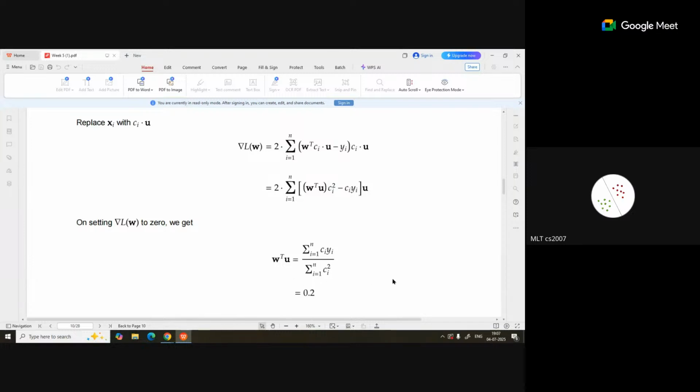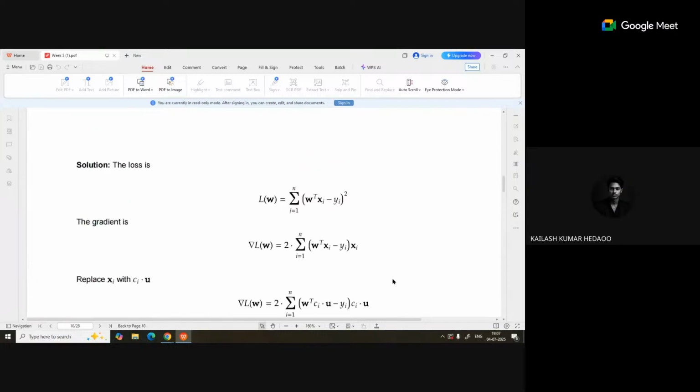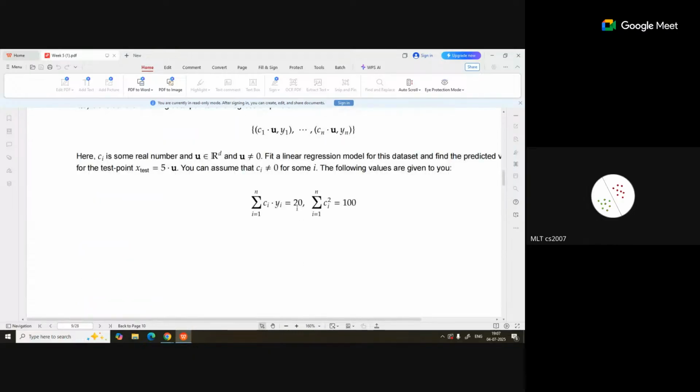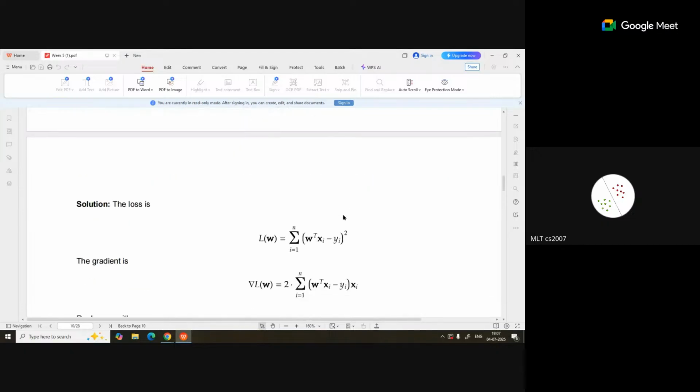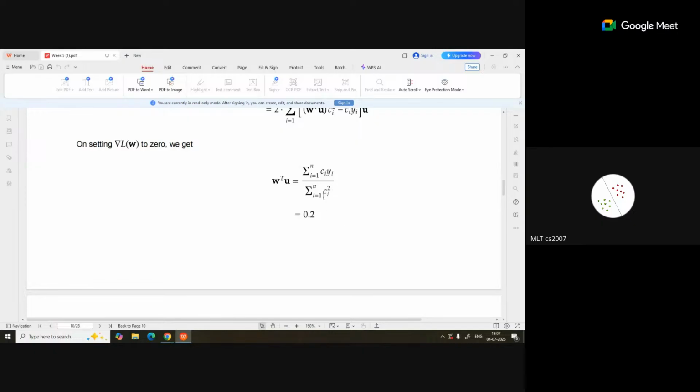Correct? Yes, sir. And now I have summation of i equals 1 to n Ci yi as 20, and summation of i equals 1 to n Ci square as 100. So 20 by 100 is 0.2. So W transpose U, that coefficient I got, is 0.2, right?